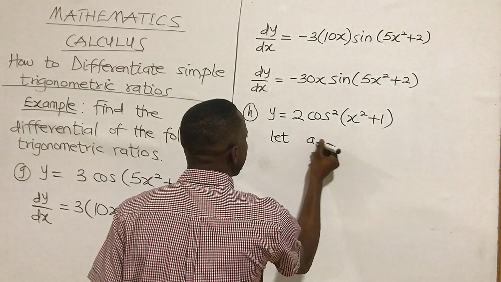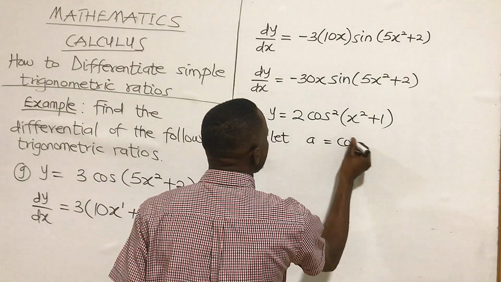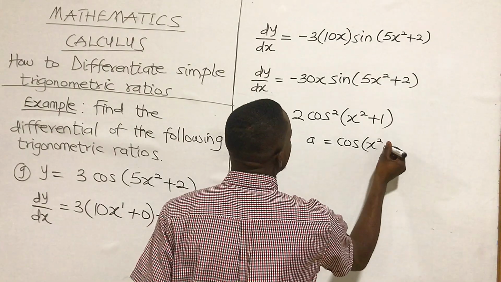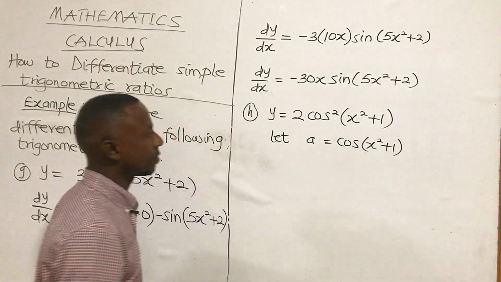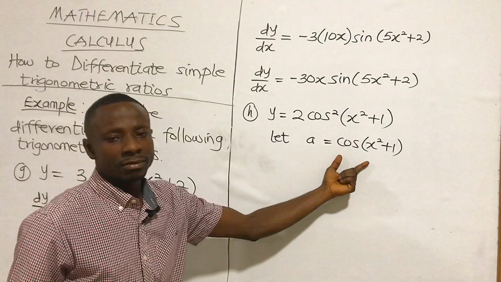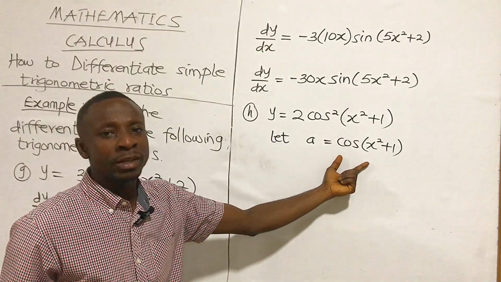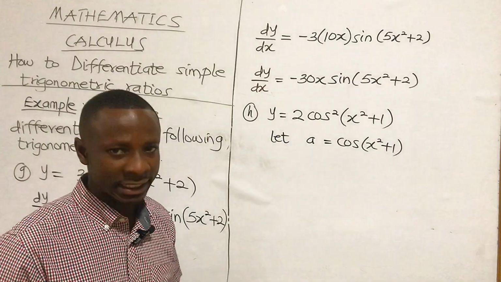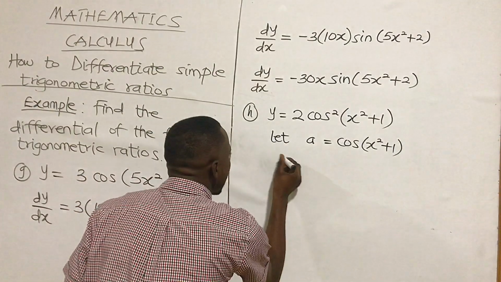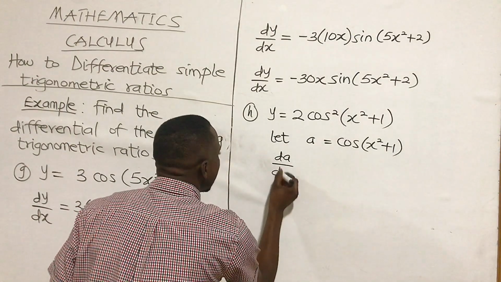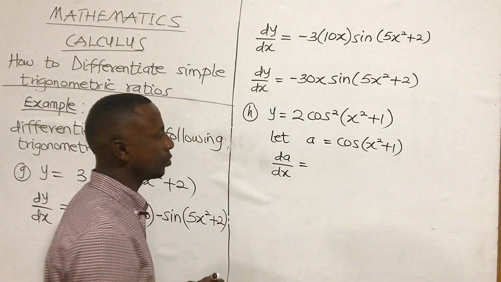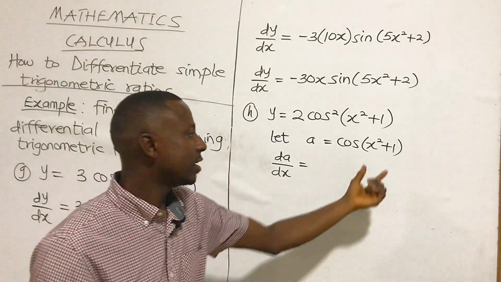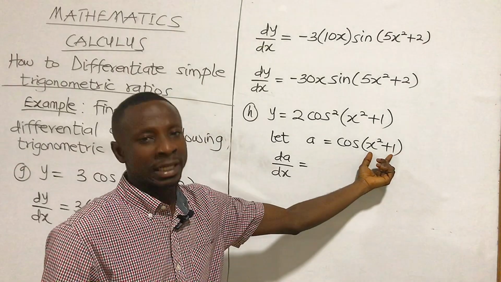So let A be equal to cos bracket open x squared plus 1. Then we are going to differentiate A with respect to x. So we have dA over dx is equal to, when you're differentiating a term like this, we are going to start from the bracket.